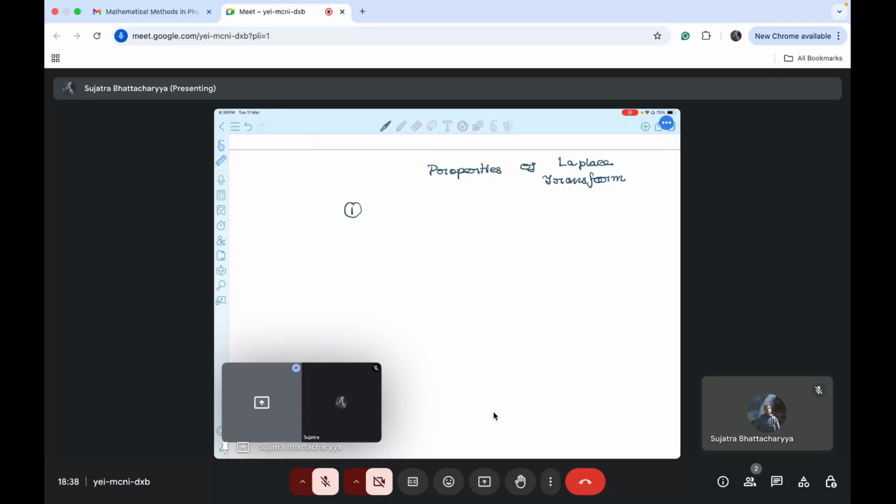What it says is that if you take a Laplace transform of a f1 of t plus b f2 of t, so there are two functions multiplied by a coefficient and added, in that case you can write this as a times L of f1 of t plus b times L of f2.